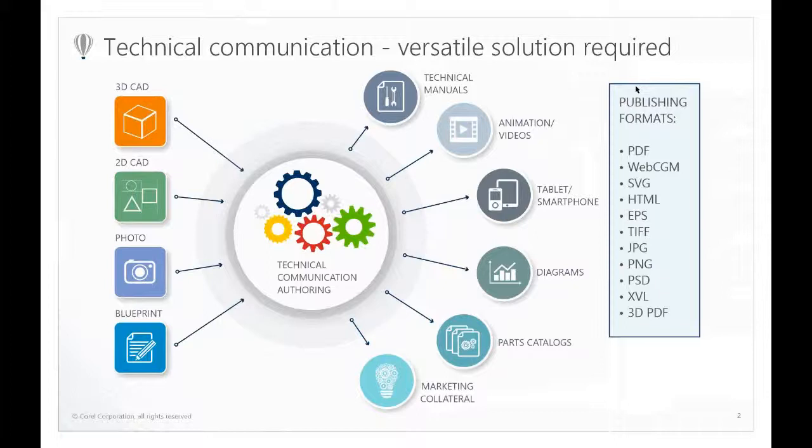Then there are a number of tasks you need to do with this source data to get from a construction or manufacturing or production design and data to something that is clearly understandable and that can also be used by non-technical people to read, to understand instructions and any kind of technical documentation and technical communication.